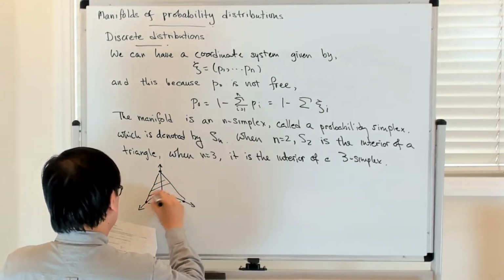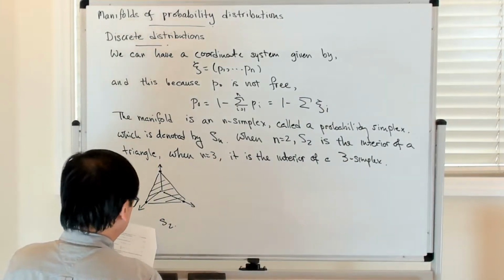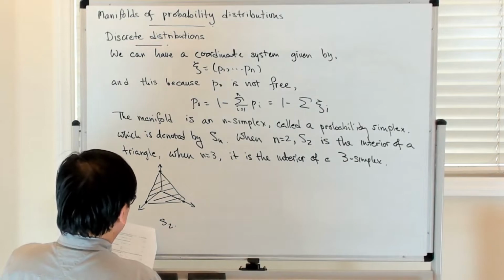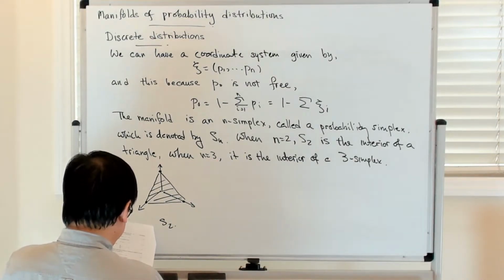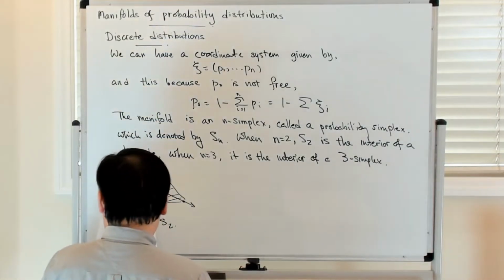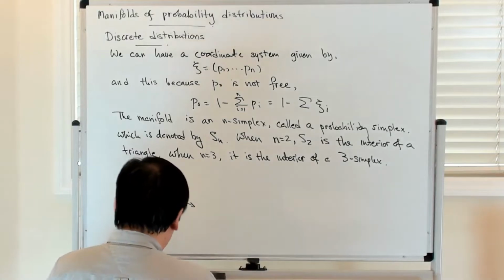So this is the triangle for n equals 2, right? And anyway, that's an example.